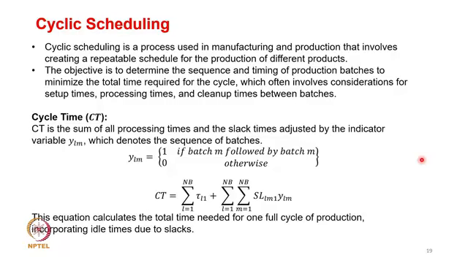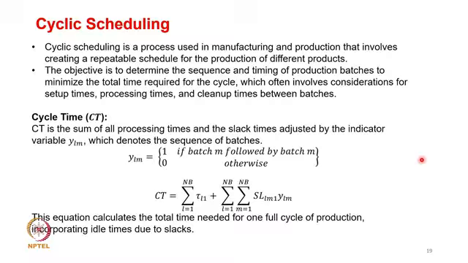So, coming to cyclic scheduling, it is a process used in manufacturing and production that involves creating a repeatable schedule for the production of different products. So you need to have a schedule that is repetitive, and the process plant people just have to follow that. It has to be cyclic, in the sense that it should move from start to end.